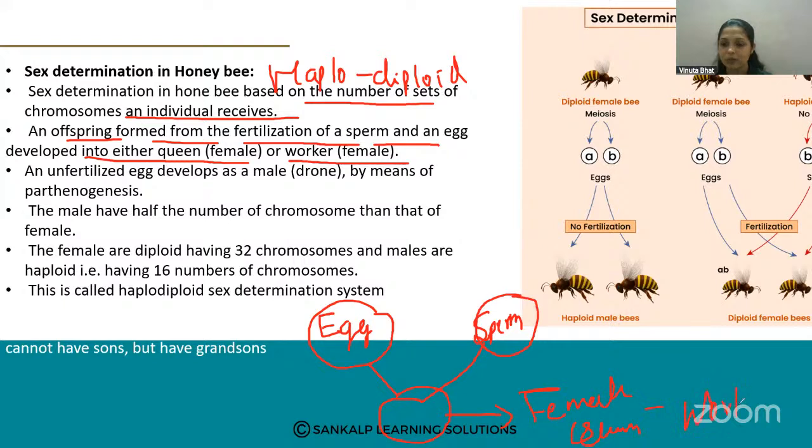Okay, female worker. The fusion of egg and sperm leads to the formation of the female queen or worker, that is also a female.